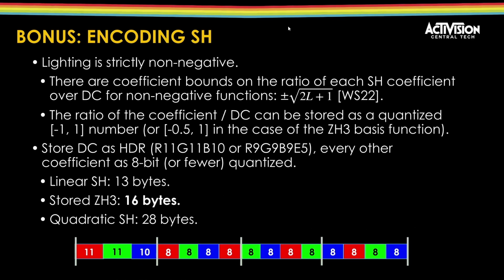So here's a bonus. And what is my time looking like since my clock went out? So this is a really key thing about encoding spherical harmonics. This is something that has been developed long before I got into the games industry by extreme experiment of trying to bleed every single bit out.